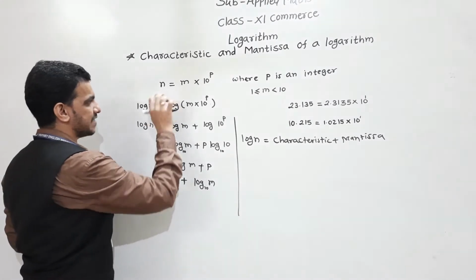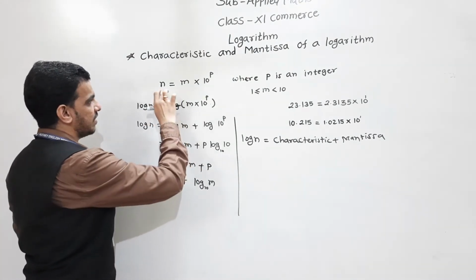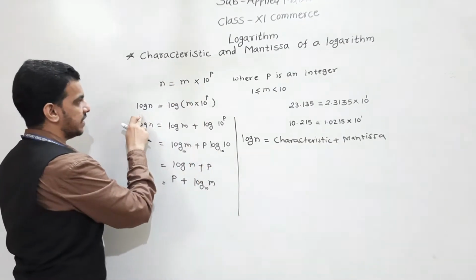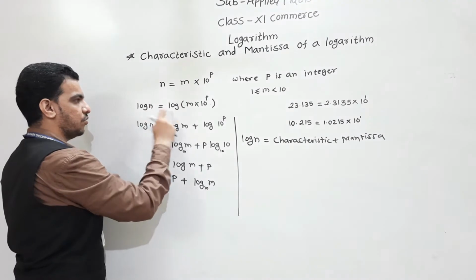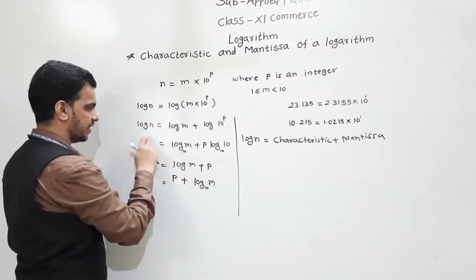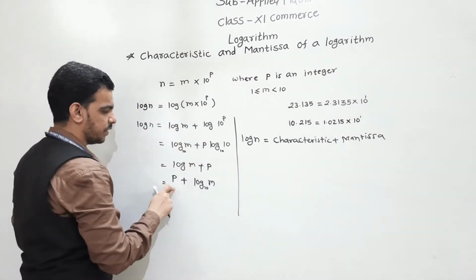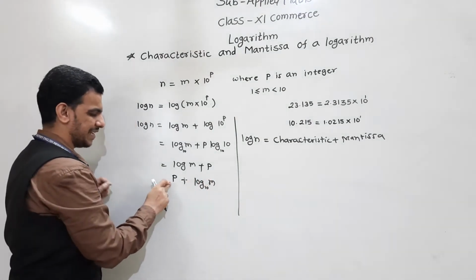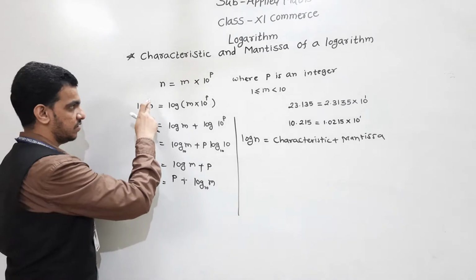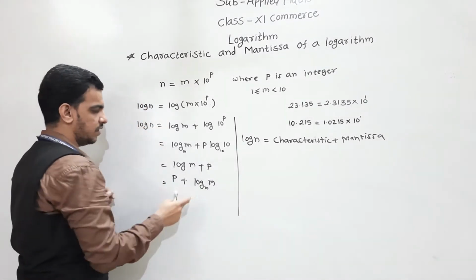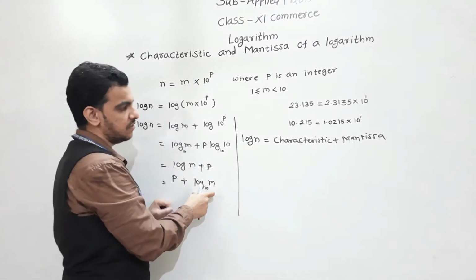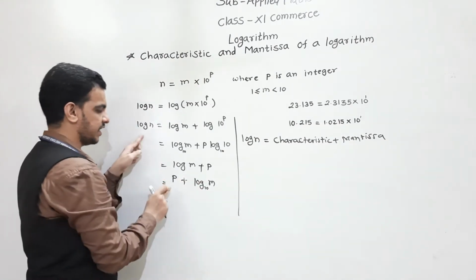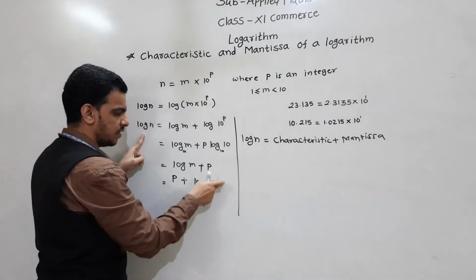So suppose n is any number, then we write that number in standard form of decimal, then take log on both sides. So we get log n is equal to p plus log m. So p is the characteristic of the logarithm or log n, and log m is the mantissa of log n. So log n we can write as characteristic plus mantissa.